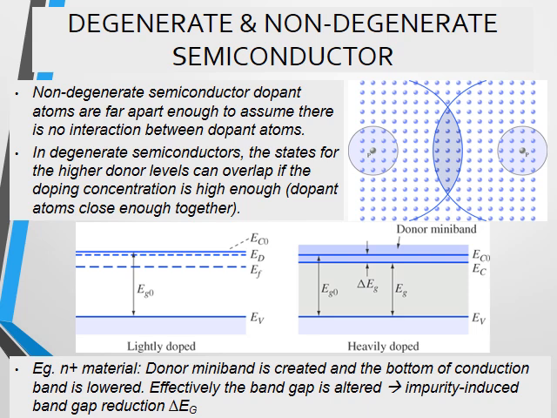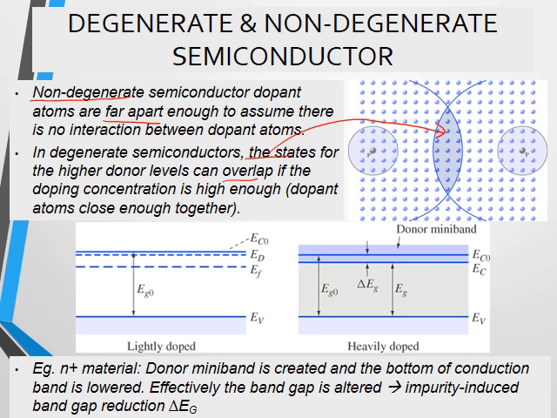What happens when the doping is extremely high? In a normal doped semiconductor or non-degenerate semiconductor, dopant atoms are far apart enough to assume that there is no interaction between the dopant atoms. But when the doping is too high, the states of the dopant atoms for the higher donor levels can overlap because dopant atoms are close enough together.